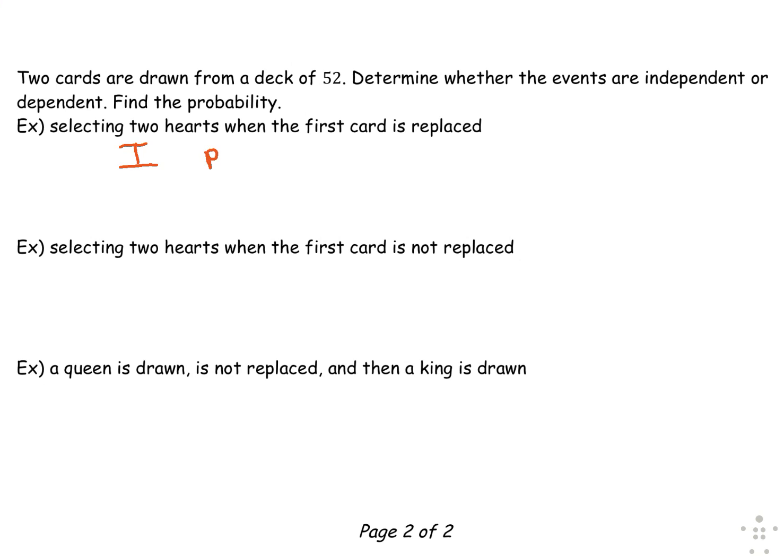So the probability of drawing a heart and another heart is equal to their separate probabilities multiplied together. One-fourth of a deck of 52 cards are hearts, so there are 13 hearts in a deck of 52. So 13 favorable over 52 possible.